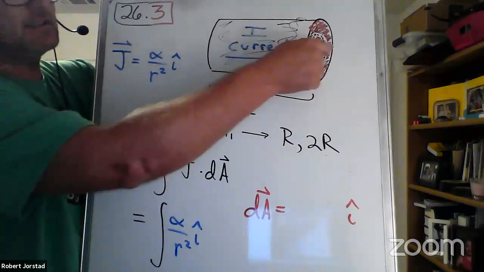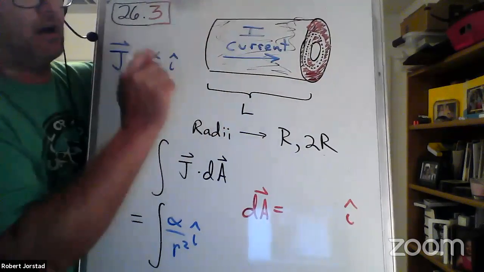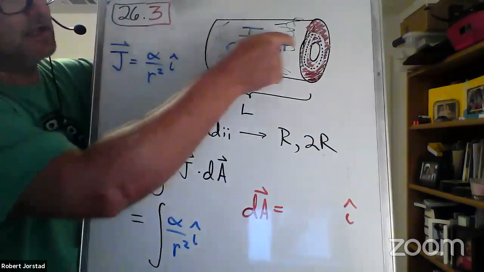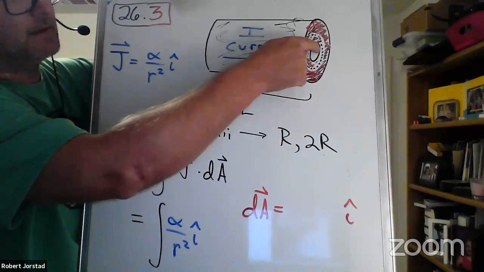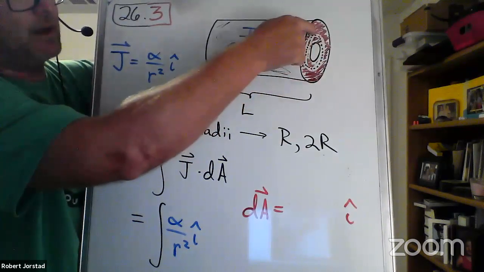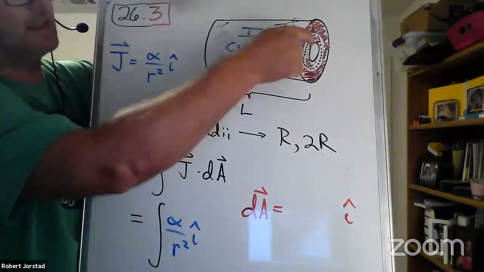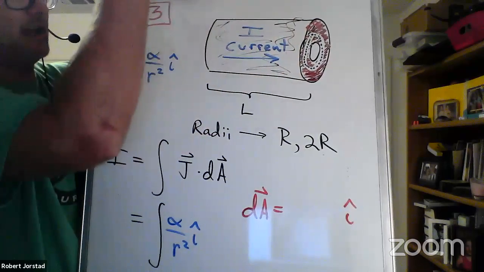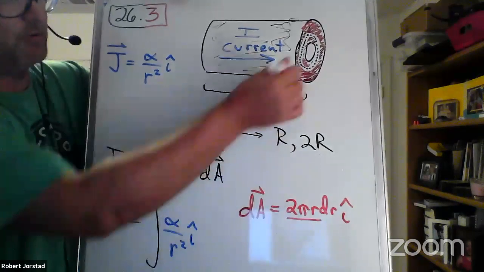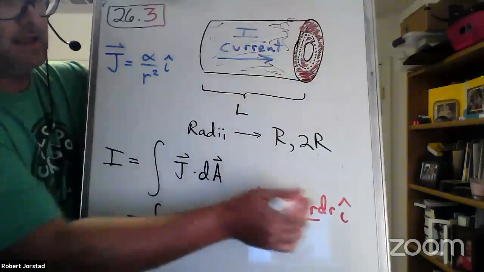So if I go around here, this would be 2 pi r. Wait, no, 2 pi r would be all the way around, times dr. Is that what you actually just said, Nick? No, I said pi r times dr, but I meant 2 pi r times dr. So this would be the length all the way around that purple section, and that would be dr.